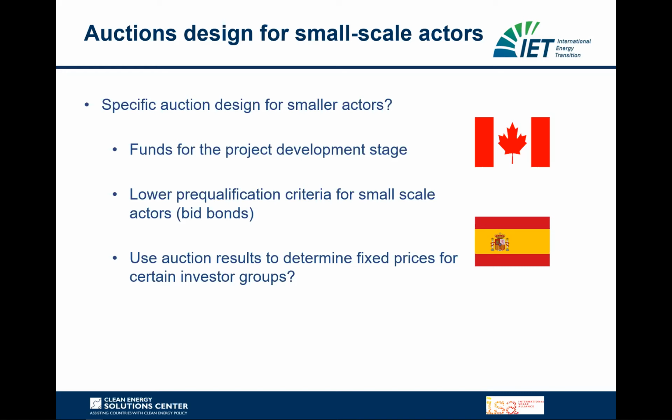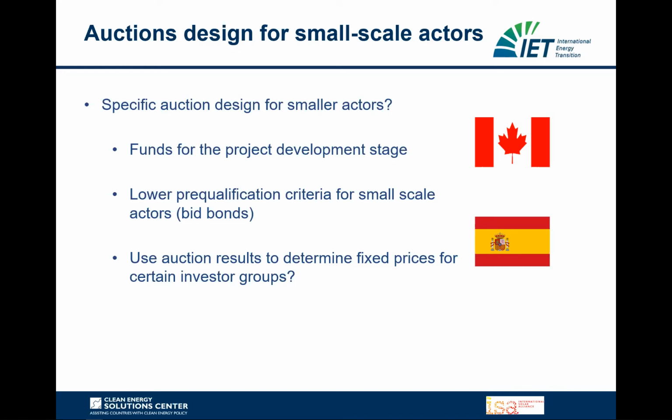So they were quite conscious of these costs, and that especially during the project development stage within an auction, you're facing the risk of whether you're actually going to be selected or not, which then results in higher finance costs. So taking all of this into account, they said we actually need some financial support for these community-owned projects.